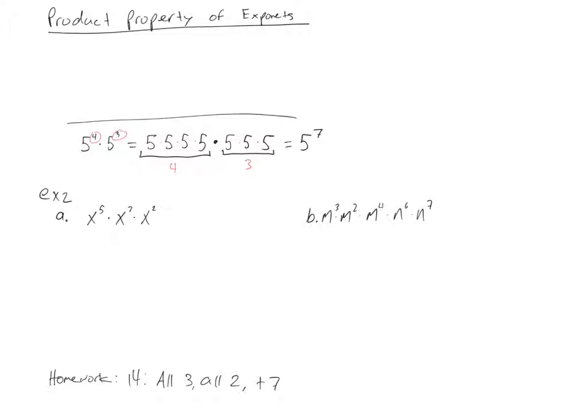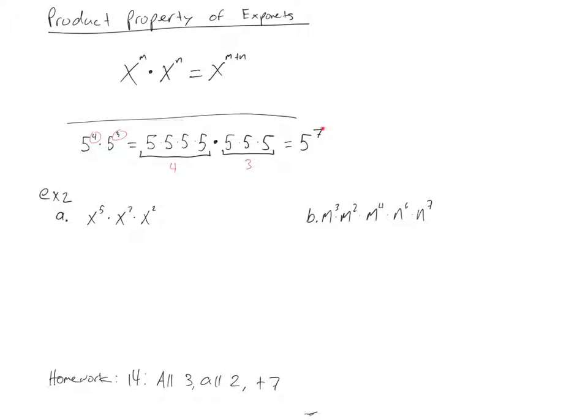Notice this only works if the bases are the same, meaning this is a 5 and this is a 5, so I could do that. If this is a 5 and this is a 6, I couldn't simplify it down. So our property here says that if I have x to the m multiplied by x to the n, this is simply going to be x to the m plus n.